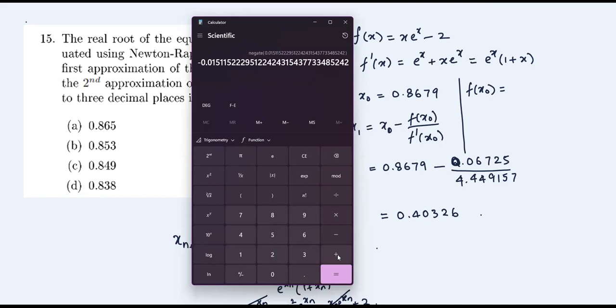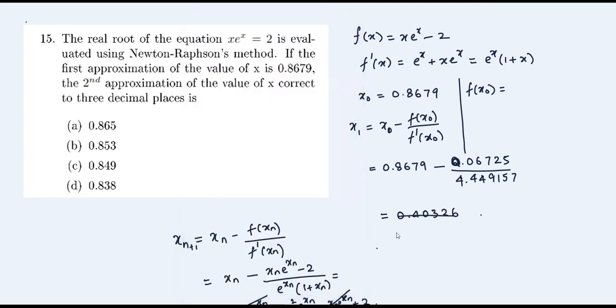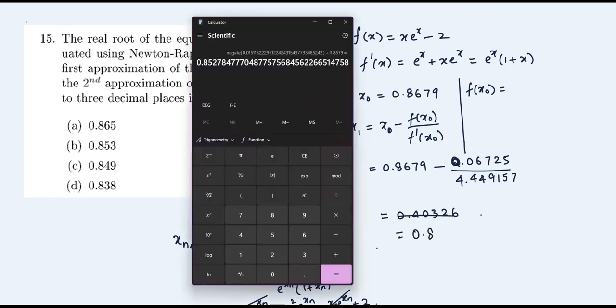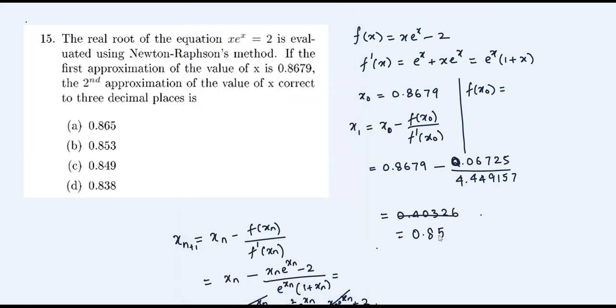Take a negative, plus 0.8679. So we get 0.852784. So approximating to 3 decimals, 0.853. So 0.853.